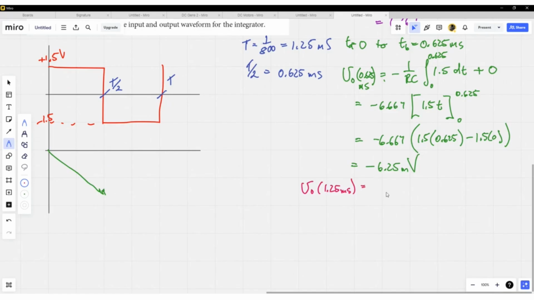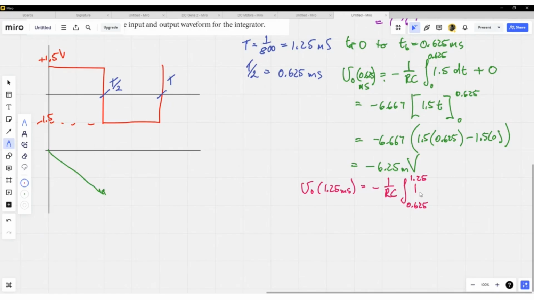Right, so again, that's going to be minus 1 over RC, integrating. This time we're integrating from 0.625 to 1.25 milliseconds. Again, milliseconds times volts is going to give you millivolts, so we just need to keep that in mind.